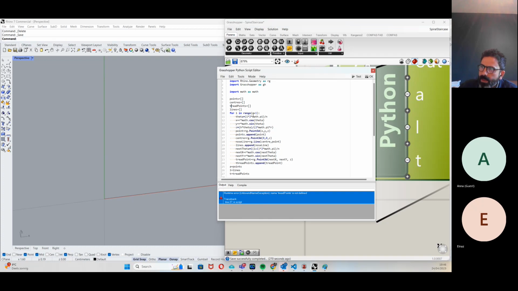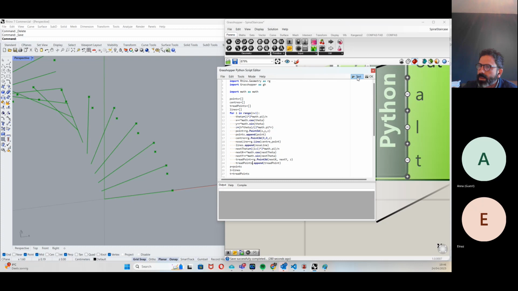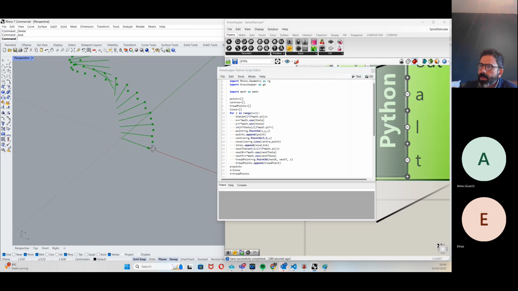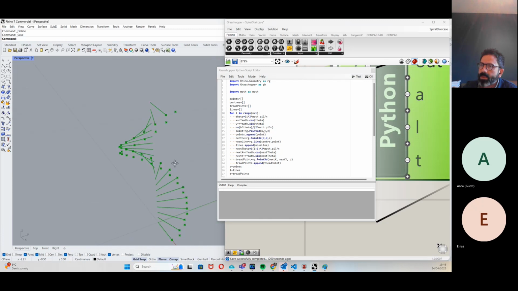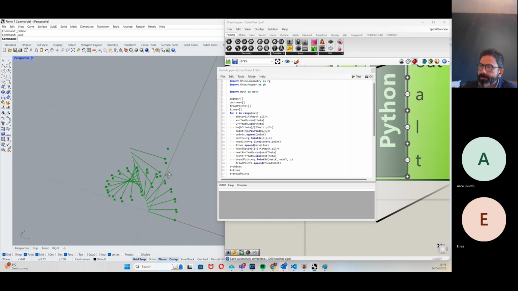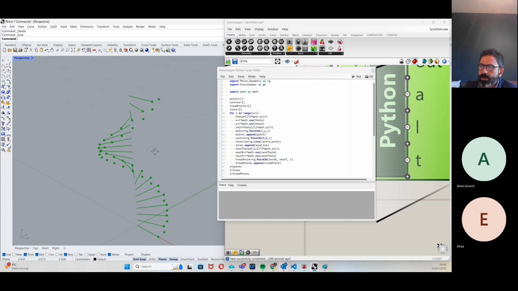I have a typo here. Thread points not defined. I think I did it correctly. Yes. Okay. Well, yes, we seem to have the right points. So far, so good.